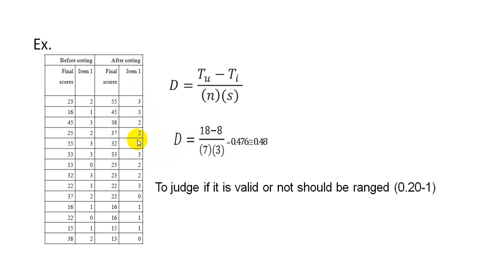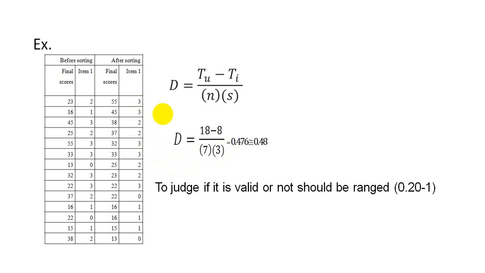The sum of the higher group is 18 and the sum of the lower group is 8, 18 minus 8, and then divided by the number of students within one of the groups. Here within one of the groups we have 7, and 3 is the higher score of an item.